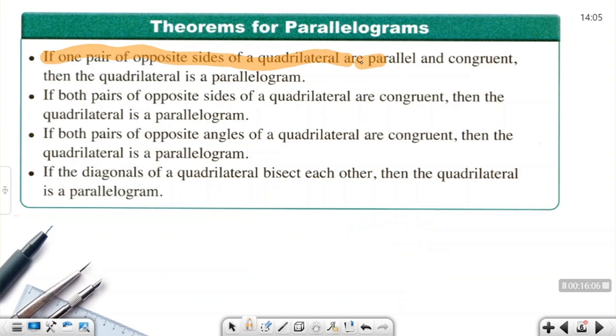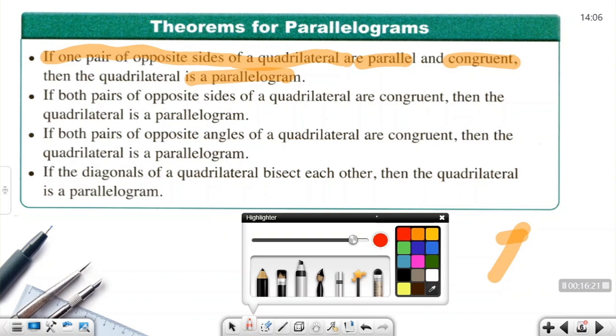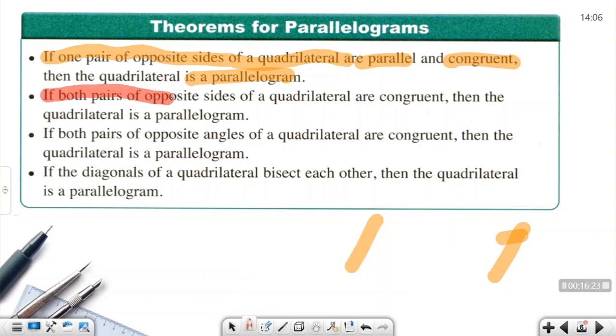Okay, the first one is if one pair of opposite sides of a quadrilateral are parallel and congruent, then the quadrilateral is called a parallelogram. Second, if both pairs of opposite sides of a quadrilateral are congruent, then the quadrilateral is a parallelogram.